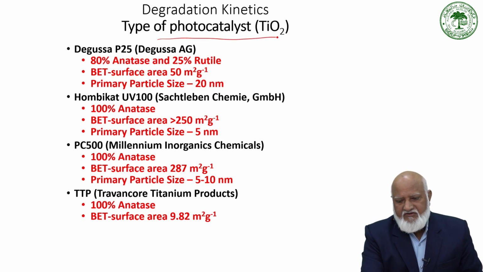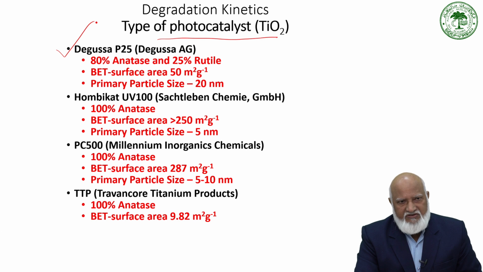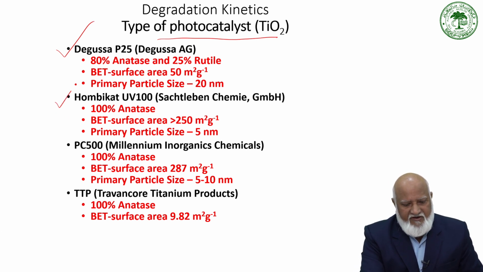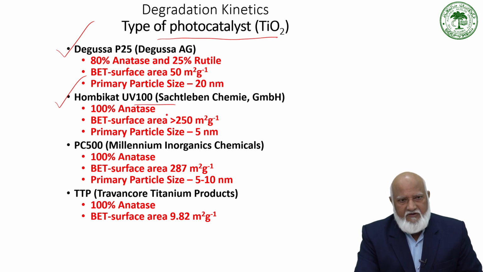We are concentrating on photocatalysts such as titanium dioxide, which is available commercially in different forms. The most widely used is Degussa P25, a form of titanium dioxide. Another form is Hombicat UV100, produced in Germany and available all over the world, in the US and India as well, with a company in Bombay.